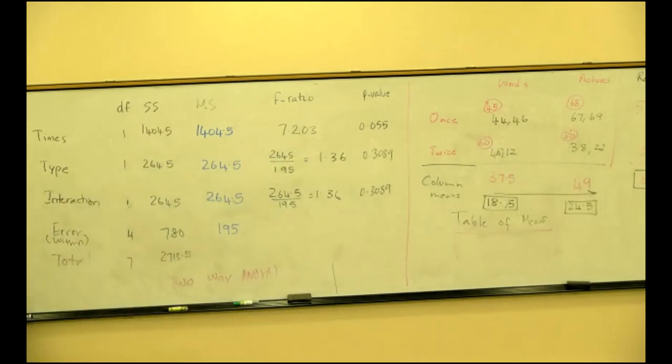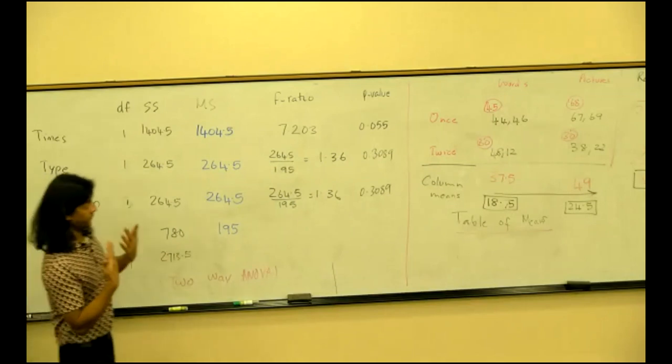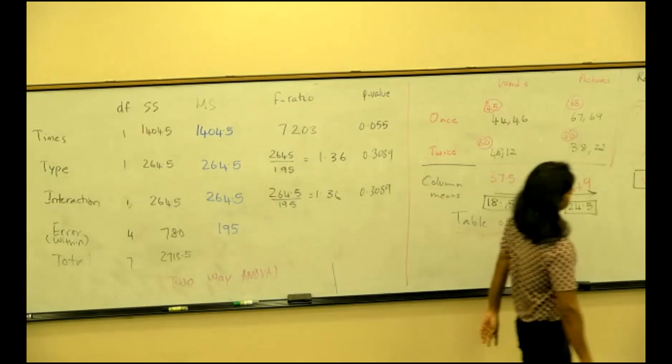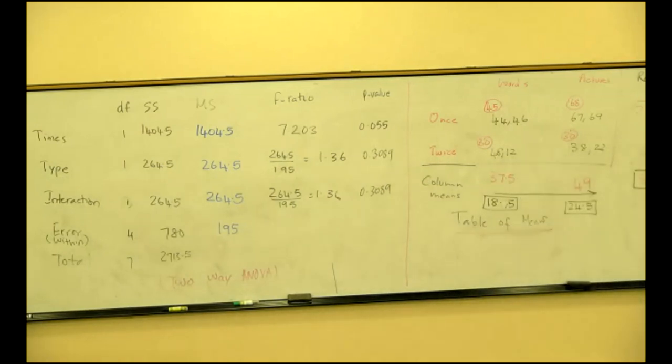Maybe there is an effect due to the type of item that was shown. There could be an interaction between the two. Yes, from once to twice, maybe there is an effect.